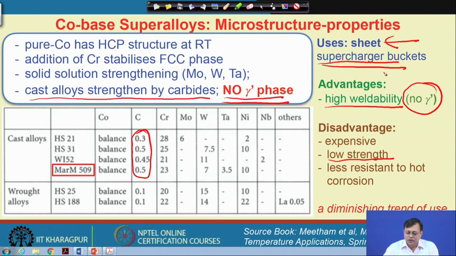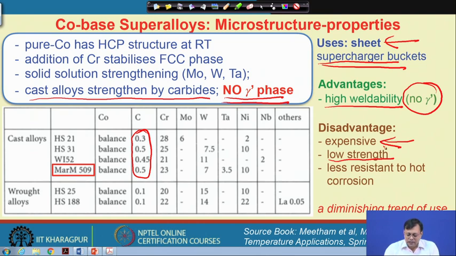The major disadvantage of these alloys is that the hot corrosion is quite severe, and also cobalt as an element is very expensive in comparison with pure nickel, let us say.